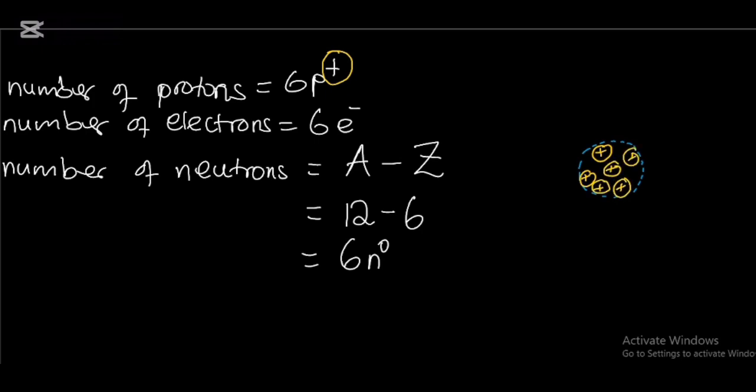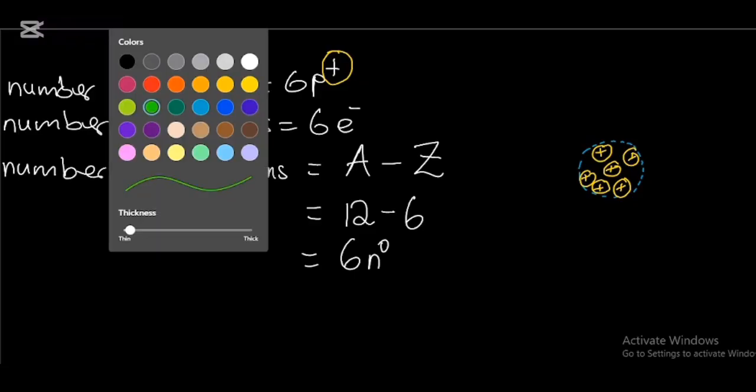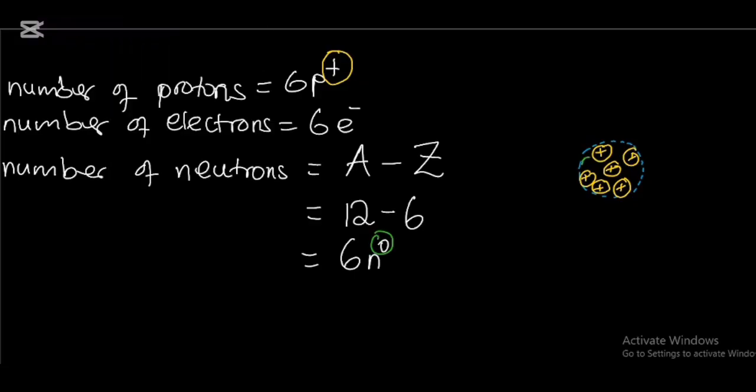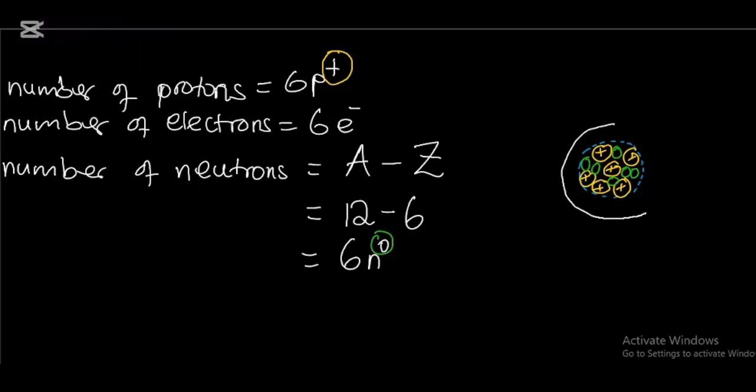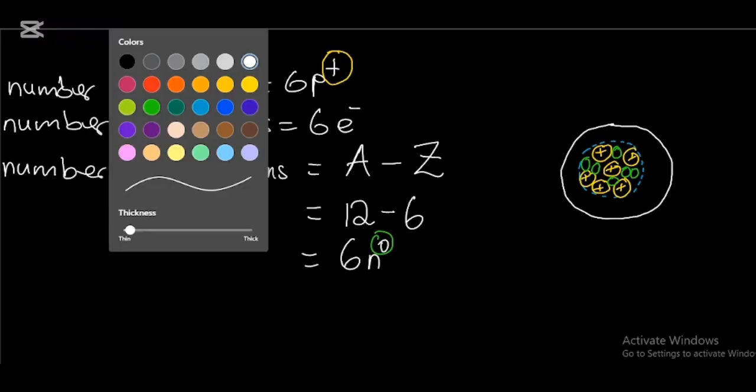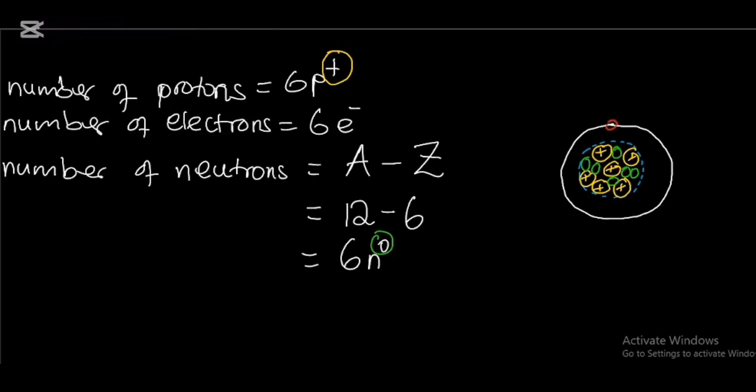And then I'll use this green color to draw the neutrons, 1, 2, 3, 4, 5, and 6, inside the nucleus. Now I'll draw the first energy level. The first energy level is filled by 2 electrons. So I'll draw the 2 electrons, 1, 2. And then I'll go to the second energy level.